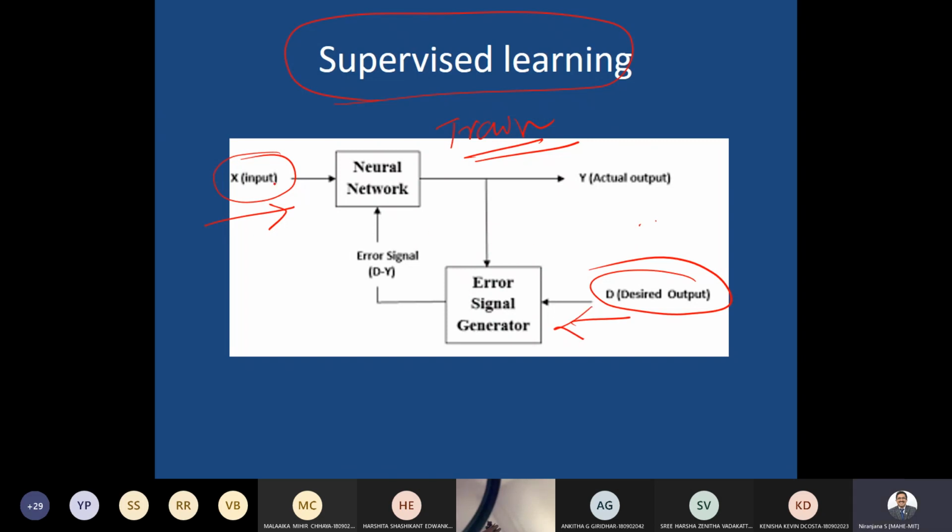Then when you apply this, an output is generated, and that will be seen past one of the blocks here, which generates an error with respect to this too. Error is calculated. This error is used for doing some changes in the network settings, especially what we call weights in the network. So some parameter of the network is updated here.